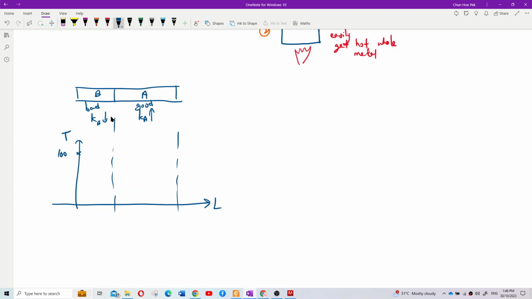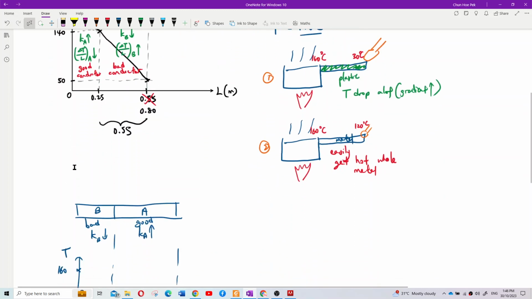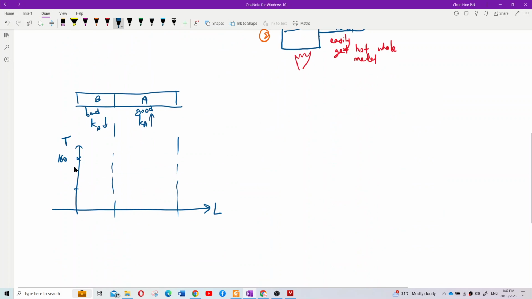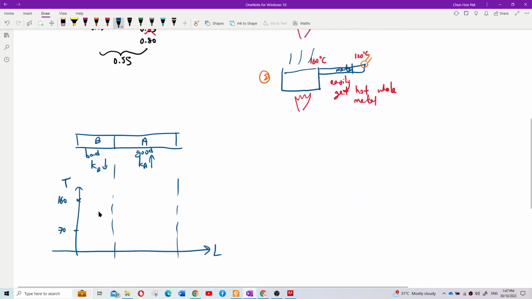Maybe 160. Last time it dropped to 140 only. This time maybe it dropped to 70, and then finally dropped to 50. So the graph will be like this, and like this.